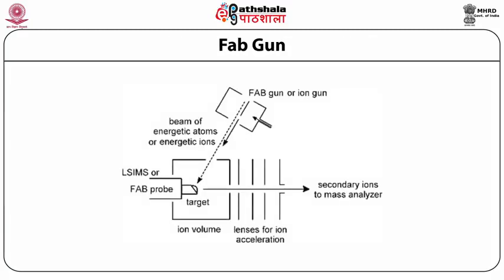A FAB gun, we also call it an ion gun, is a beam of energetic atoms or ions which bombard the target analyte placed on a FAB probe. The ions are produced into the ion volume, and then through lenses they reach the mass analyzer, which may be any analyzer, whether sector or quadrupole or any other.